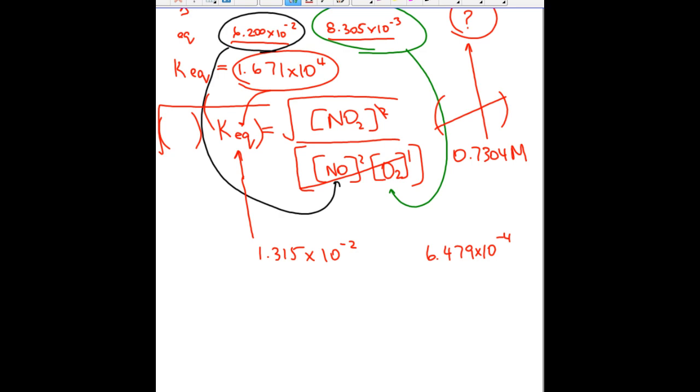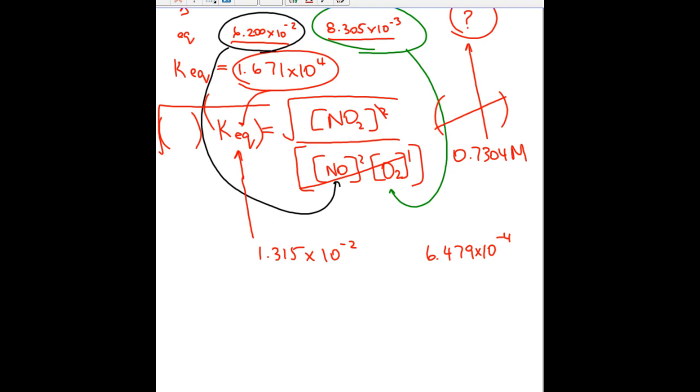And what you notice here is that the K equilibrium on the one time for A, it was a really big number. 1.671 times 10 to the power of 4 is the same thing as saying 1,671. In B, saying 1.315 times 10 to the power of negative 2 is essentially 0.01315. And what we should know here is that when K equilibrium is greater than 1, as it is in A, that the reaction is favored to the product side.